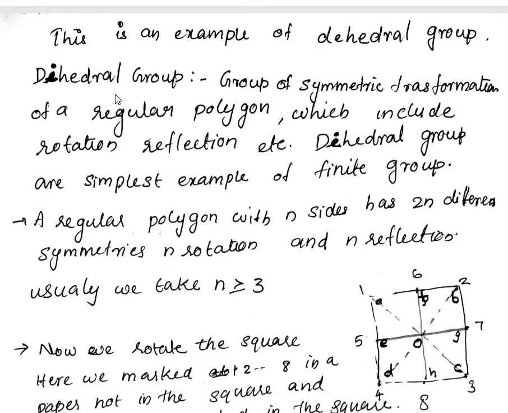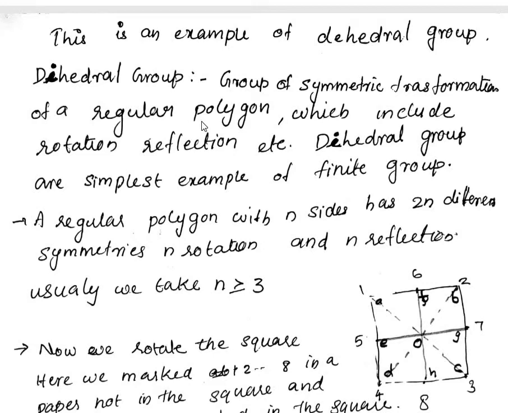So a dihedral group is the symmetric transformation group of a regular polygon. A regular polygon may be a triangle or a square, anything like that.